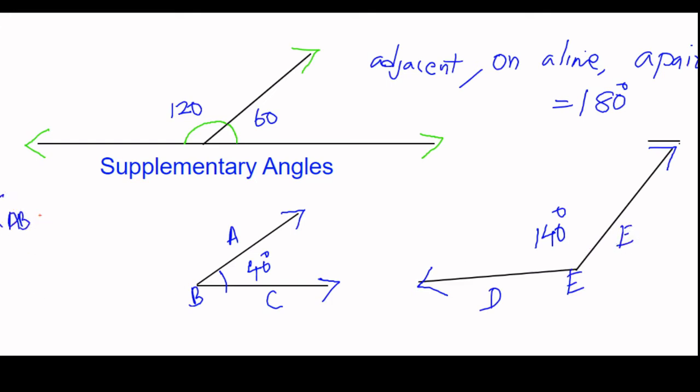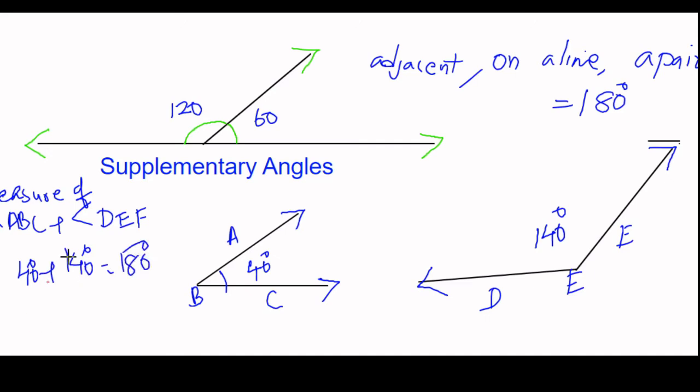Now these two angles, this set of angles, if we measure angle ABC plus angle DEF, and if total, we know that it will be 40 degrees plus 140 degrees.